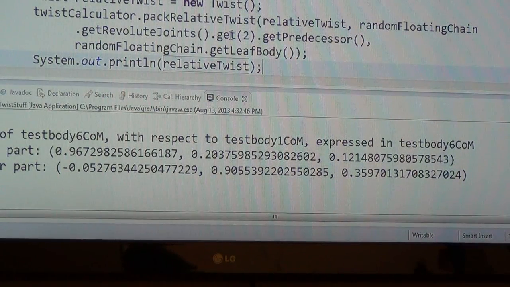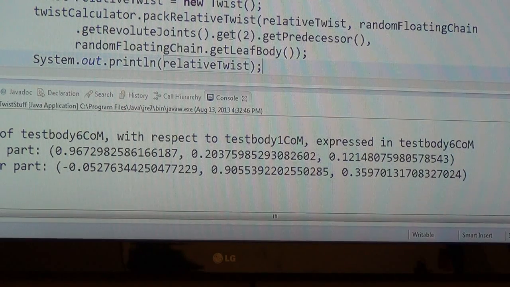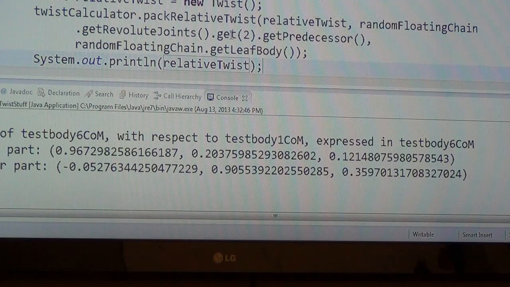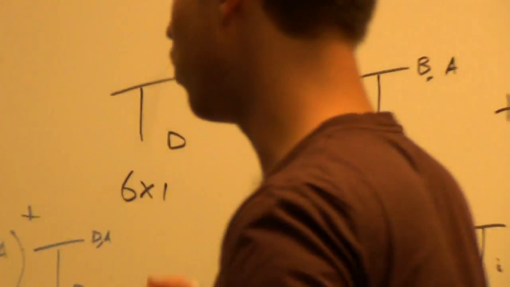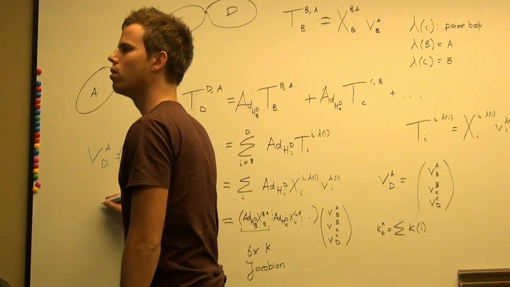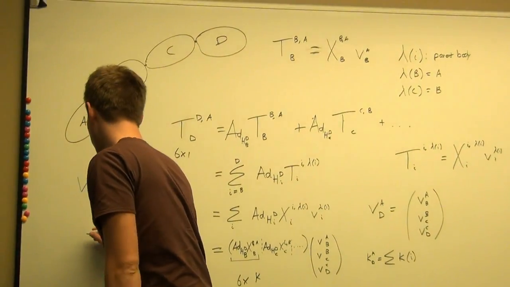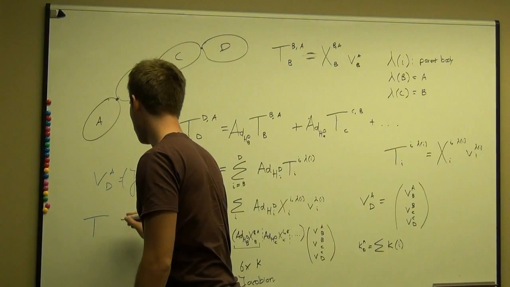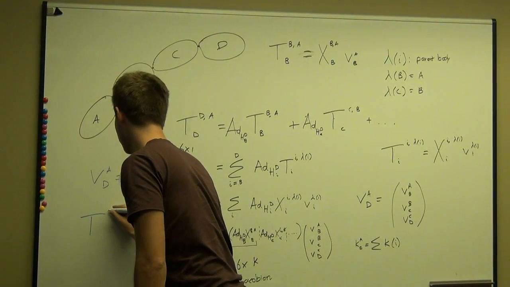So does it do the same way as reference frames, where they both go to the origin and then come back up? Yeah, yeah. So after the twist calculator compute call is done, you know, what is it? It was 1 and 6. Okay, so let's call it T in world frame.